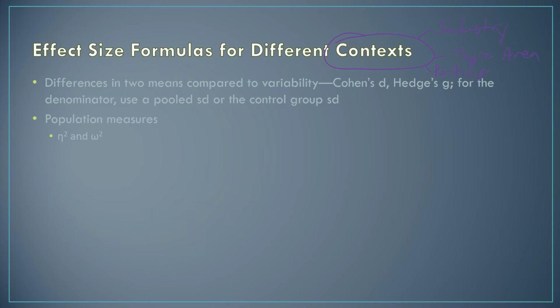So what you typically have to do is understand, within the industry in which you're working, what the appropriate effect size to use is, and how best to use that effect size to add to the interpretation of your ANOVA results.